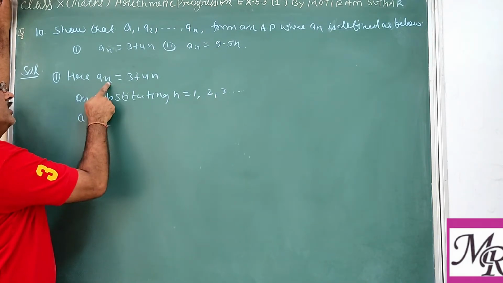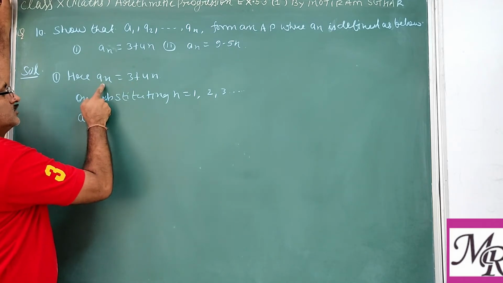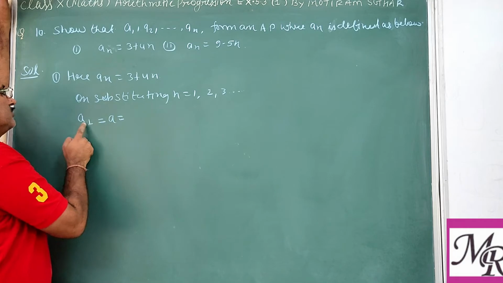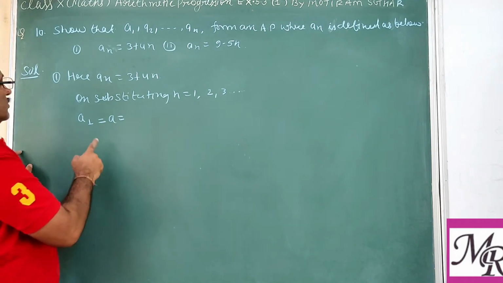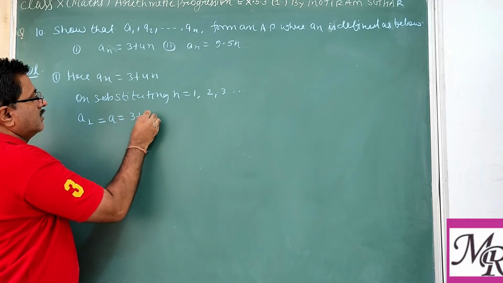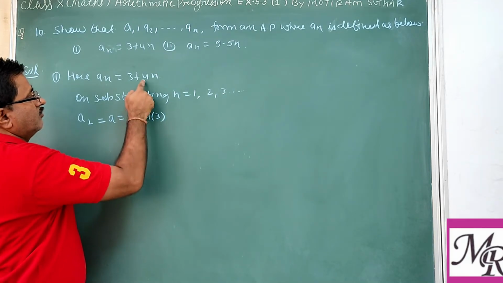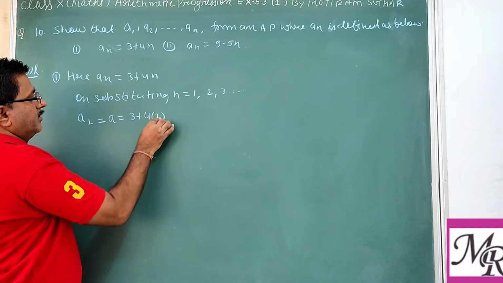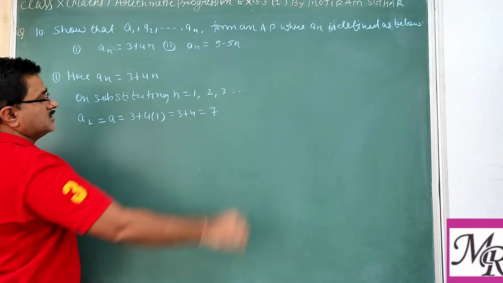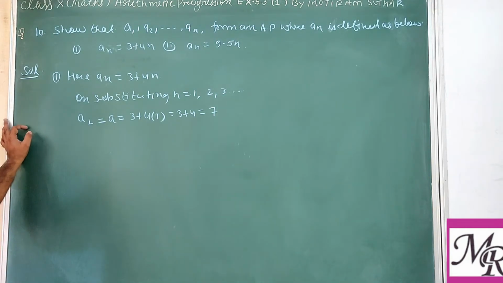Here we put n equal to 1 on both sides. So a1 means our first term. Generally the first term a is represented by a1. So 3 plus 4 into 1, that is 7. So the first term of the AP is 7.